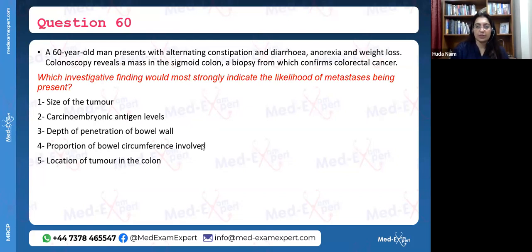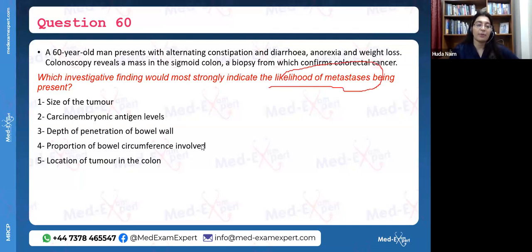I think this was also asked on the exam this time. Whenever you have a question on colorectal carcinoma, always see the pathophysiology, the different mutations, the familial mutations, very, very important as far as the exam is concerned. Now a lot of people are saying depth of penetration, but they're not asking you about the staging.